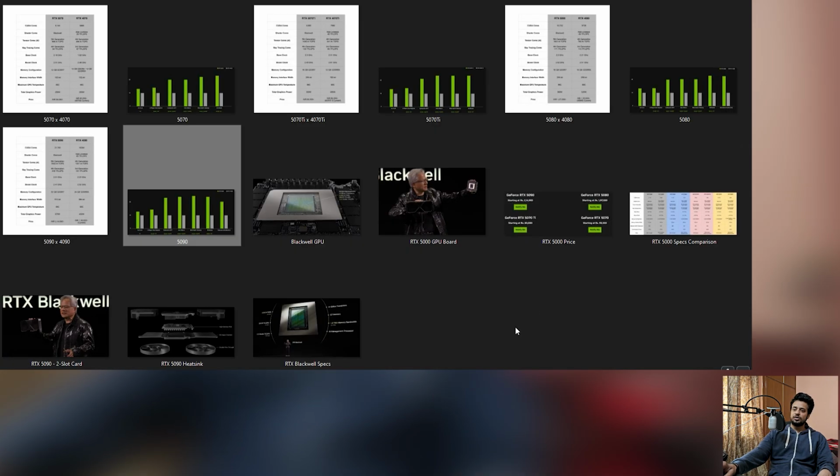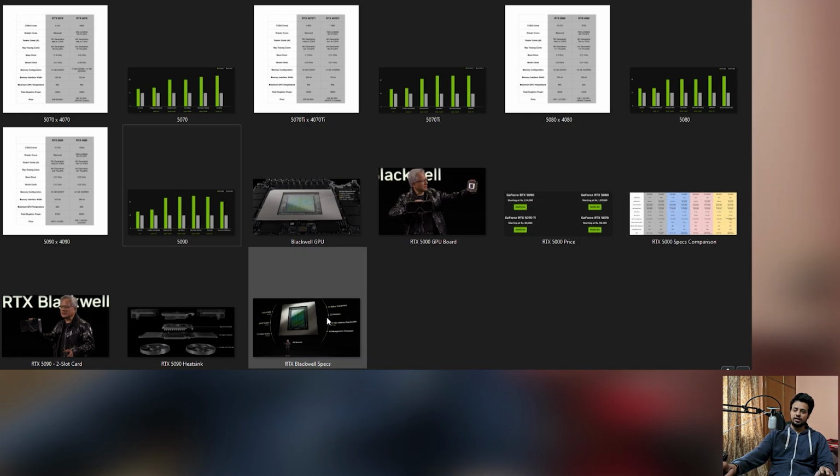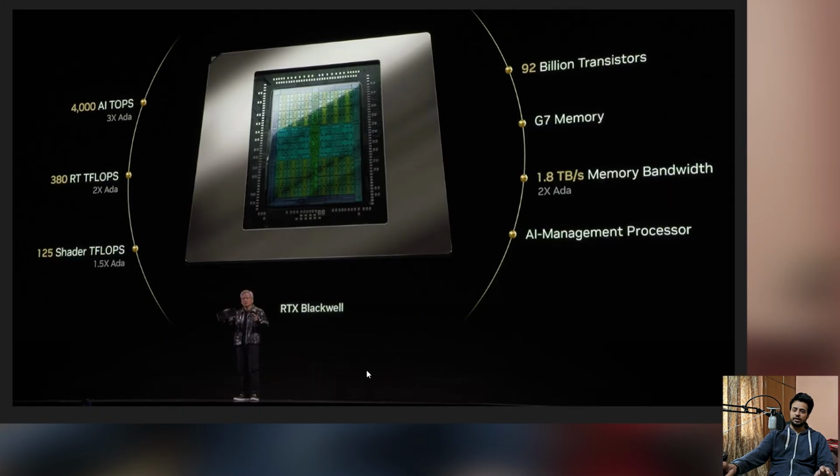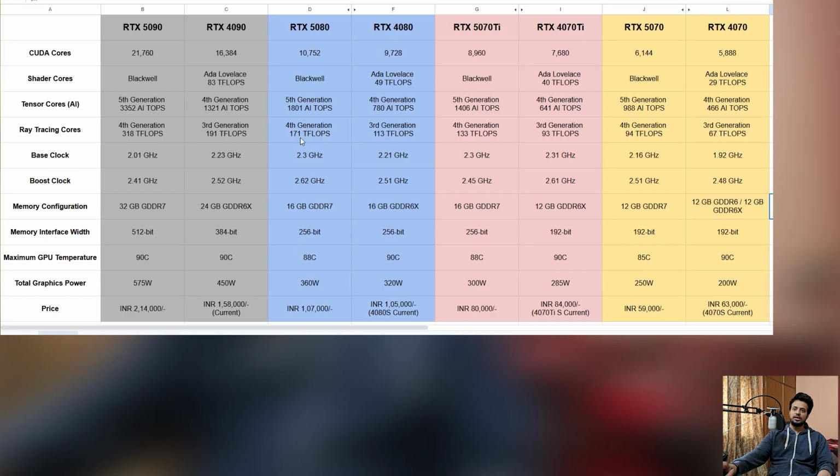All right. Before we move on to the next card, which is the 5080, I would also like to talk about something peculiar that I noticed. This is from the CES keynote. Jensen, Captain Jensen, is holding an RTX 5090 and a bare PCB of it. This is supposed to be the RTX Blackwell die, and it says 4000 AI TOPS, while the specs I've pulled for the RTX 5090 from Nvidia's own website say 3352 AI TOPS, which is quite a bit less.